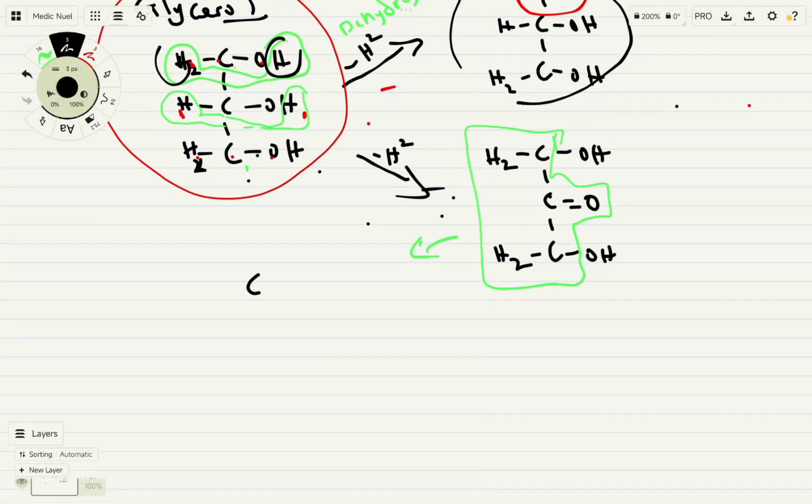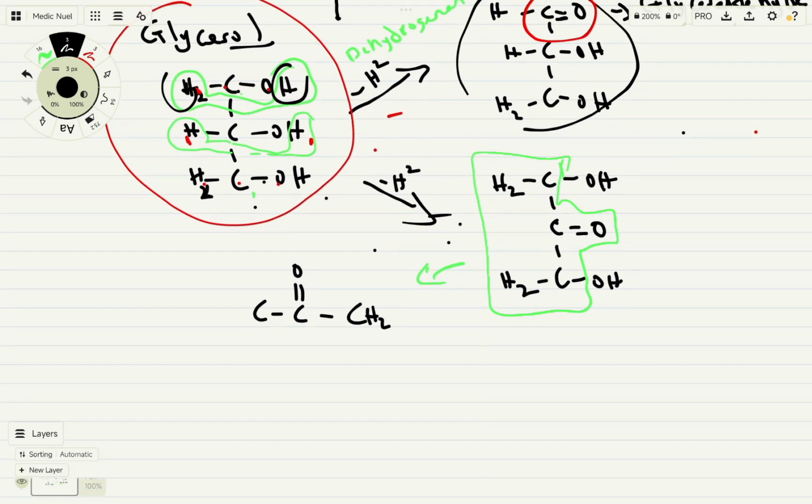It's going to look like C and C. Then it's going to be O like this, and there's going to be H2. Okay, this cannot be like this. There's going to be H2 and there's going to be H2 here too. So okay, 1, 2.